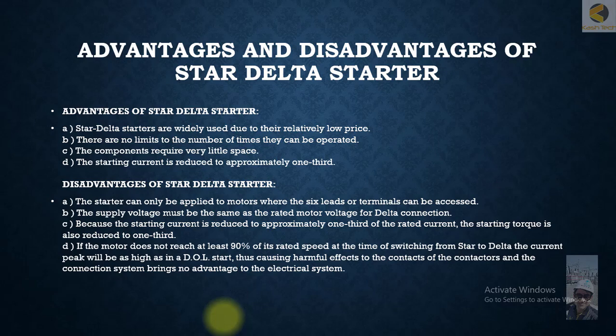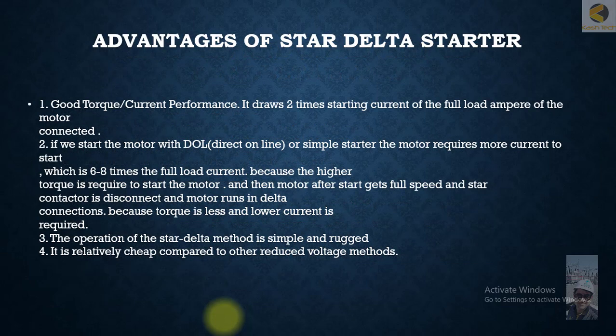In other words, if you employ it and your timer setting is not correct, the starter has no meaning. So you need to focus and check this point very carefully when you're using star delta starters.